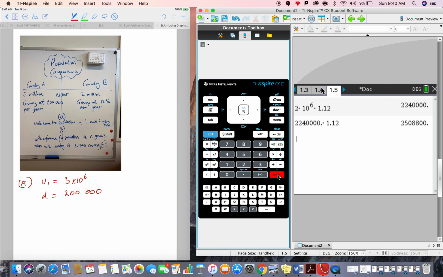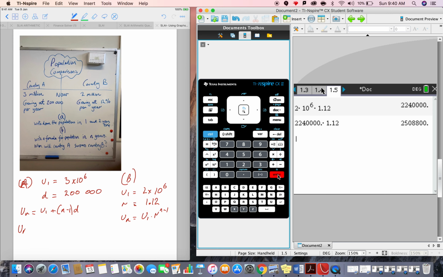In country B, we've got U1 is 2 million, and R, the multiplier, is 1.12. Let's just write down the formulas for the nth term. U of n equals U1 plus n minus 1 d, and U of n equals U1 into R to the n minus 1.